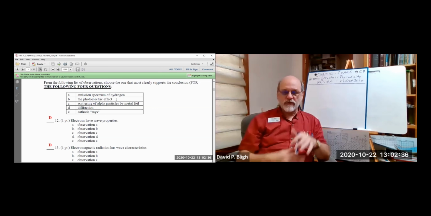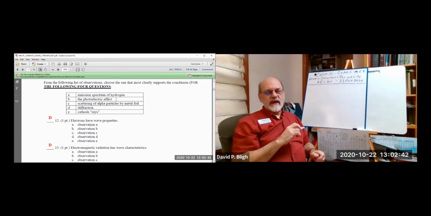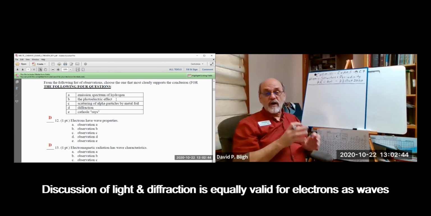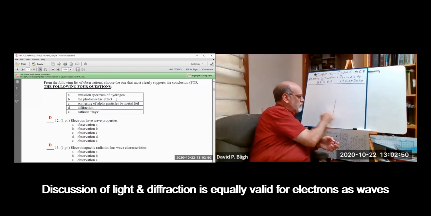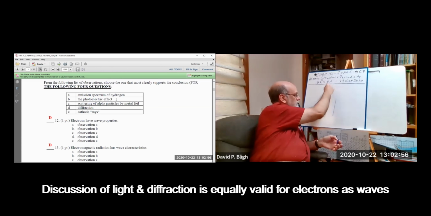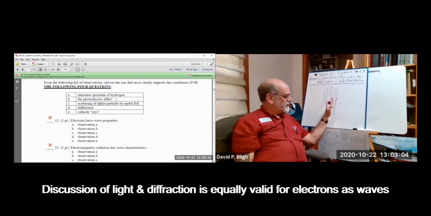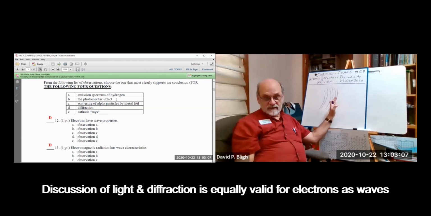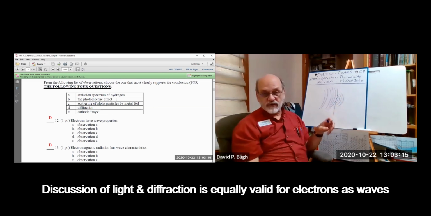Diffraction. What is diffraction? Did we talk about diffraction? Diffraction is a property of light that is dependent upon its wave character. When a wave strikes a barrier, like that, right here, this side of the barrier blocks the wave, but this point at the edge of the barrier serves as a wave source.